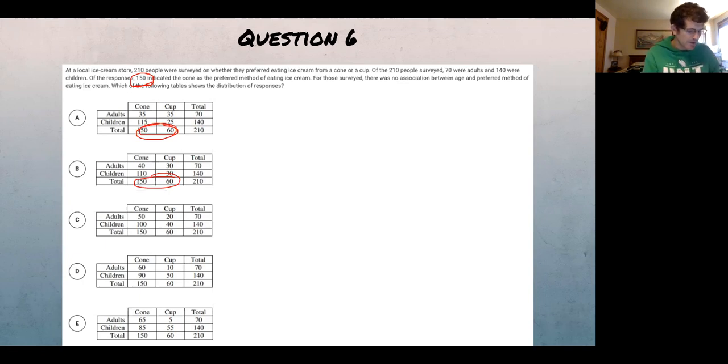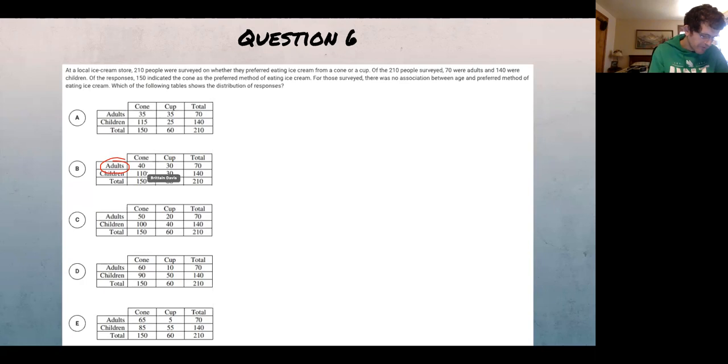So now we need to think, what is it that makes this independent? All right. Well, we want to have it so that if I told you that an adult was selected randomly, that wouldn't give you any indication. All right, so let's think about it this way.